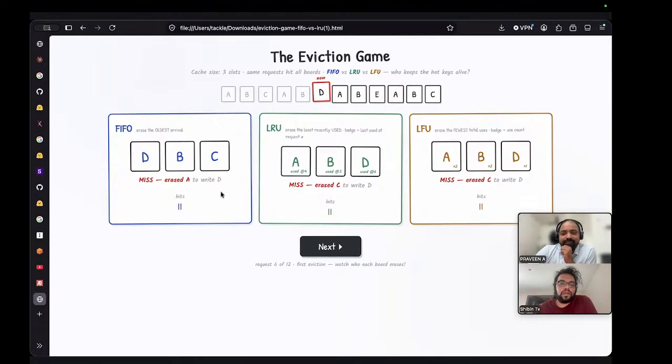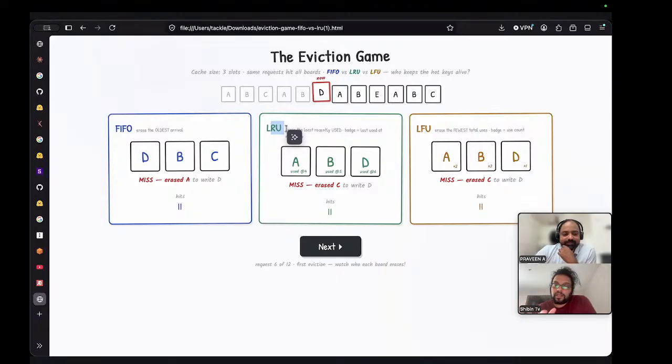In FIFO, what it did is it removed the first one that got added, that is nothing but A. In LRU, it identified which was the least recently used.